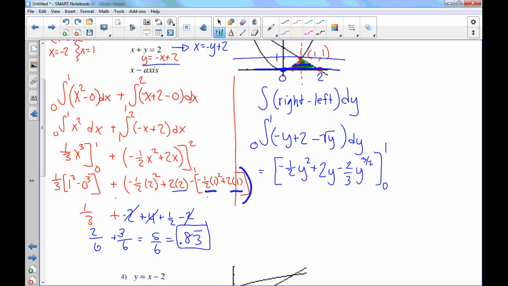So same as before, we plug in the upper first, plug in 1 wherever there is a y. Minus, plug in 0, but every time we plug in 0, it's just going to be a 0. So I'm not going to worry about writing all that work out. Okay, we'll just simplify that and see if we get the same as we got before.